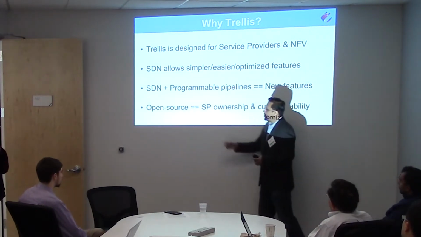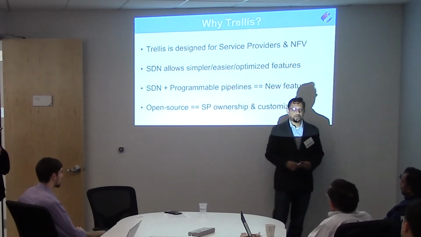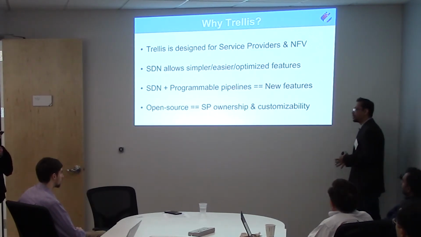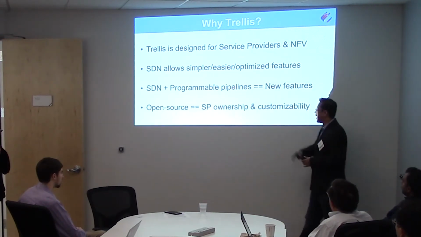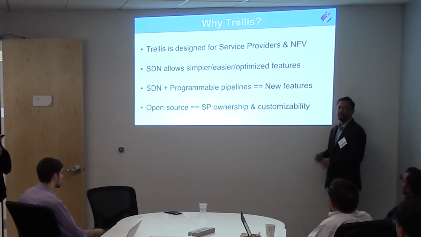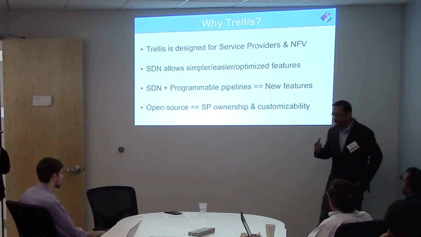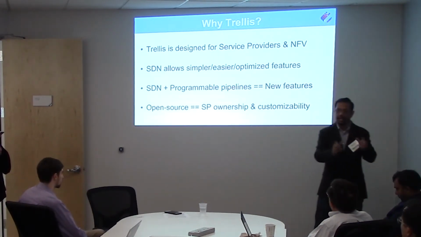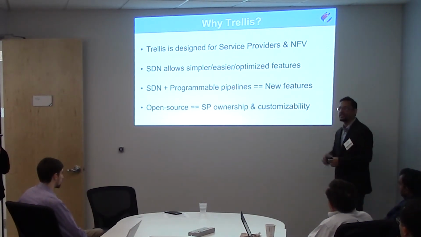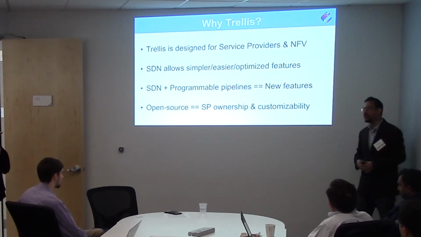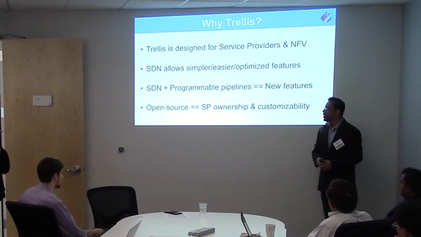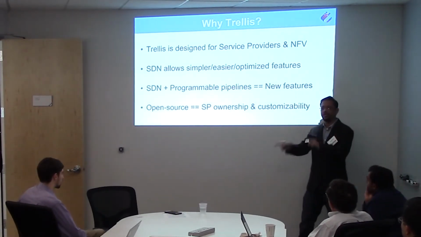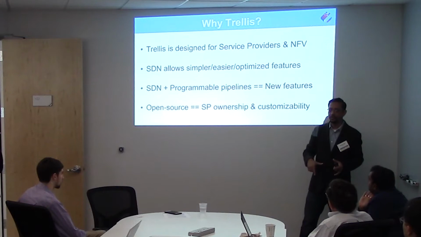There are some service providers that we work with that truly want to own the code. They truly want to be able to take the code and customize it for their needs. Now, you can imagine that somebody takes bare metal hardware from Quanta or from EdgeCore, and then the software stack is built by someone like Cumulus or SnapRoute. If they want to customize that, they'll have to ask Cumulus or SnapRoute to build in the new features, right?